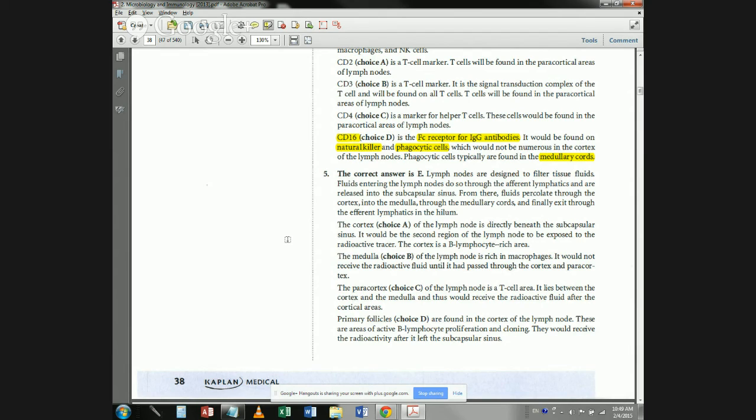The medulla of the lymph node is rich in macrophages. It would not receive radioactive fluid until it had passed through the cortex and the paracortex. The paracortex of the lymph node is a T cell area. It lies between the cortex and the medulla and thus would receive radioactive fluid after the cortical areas. Primary follicles are found in the cortex of the lymph node. These are areas of active B lymphocyte proliferation.